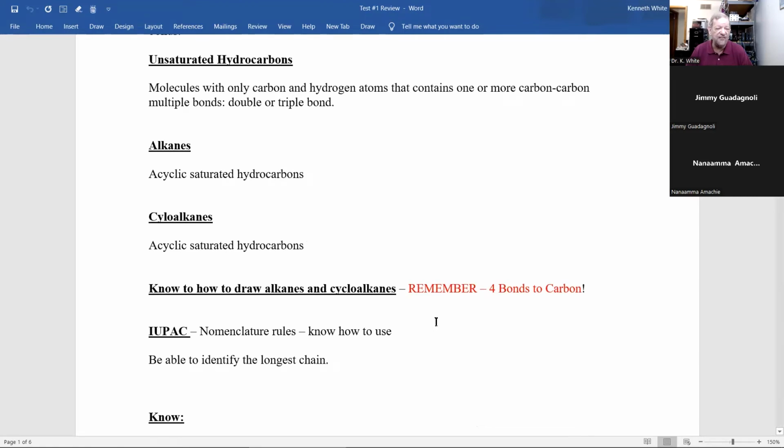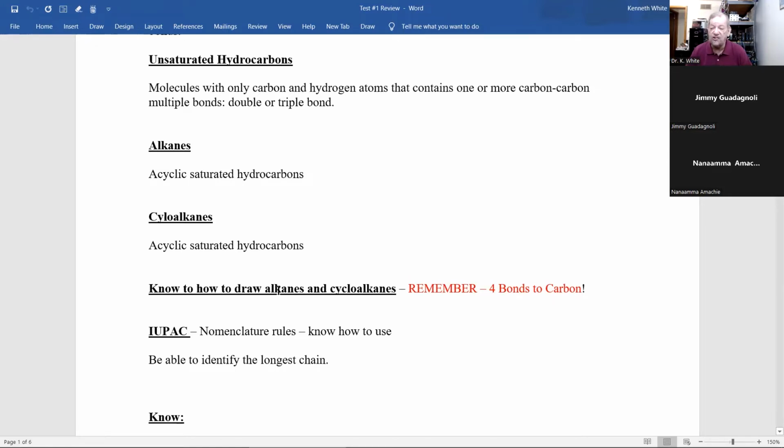Now I have here definitions for alkanes and cycloalkanes. I won't ask that on a test, but I might put that in a question. Draw an alkane or cycloalkane, and you should know what they're talking about. All right, speaking about drawing, you should know, and we went through this, how to draw alkanes and cycloalkanes.